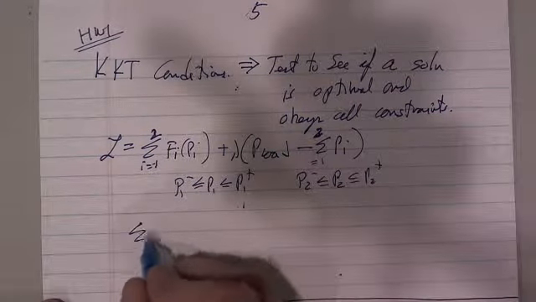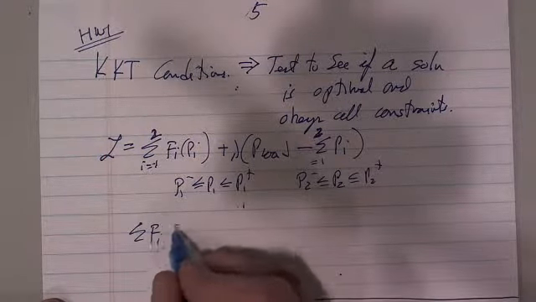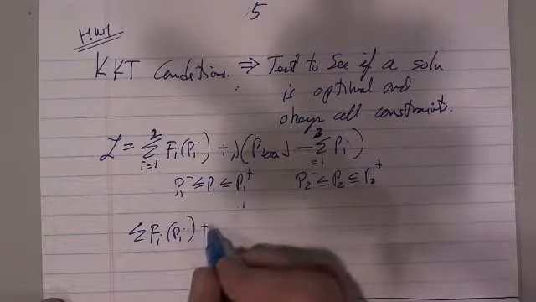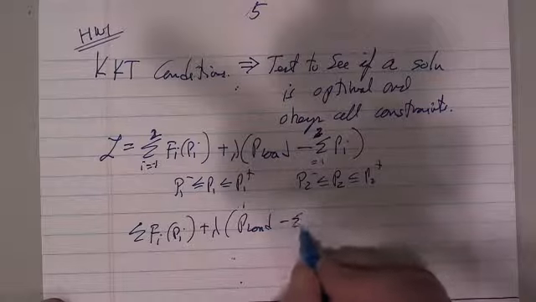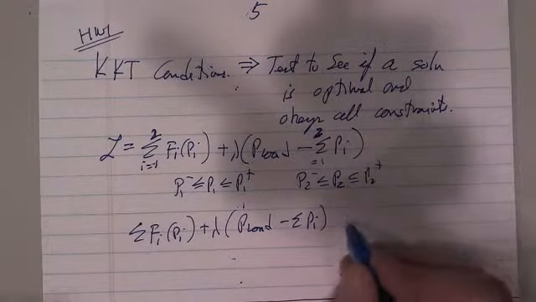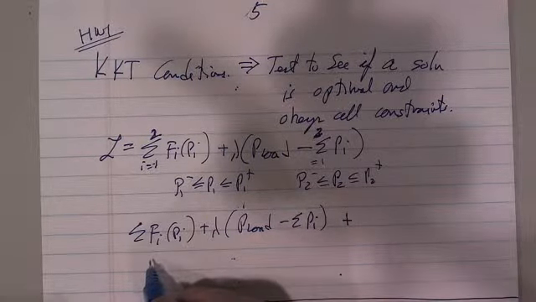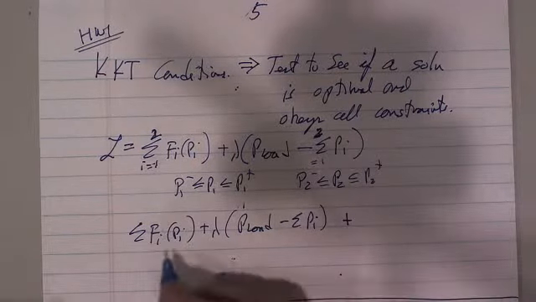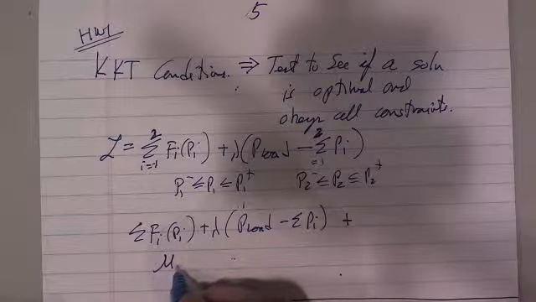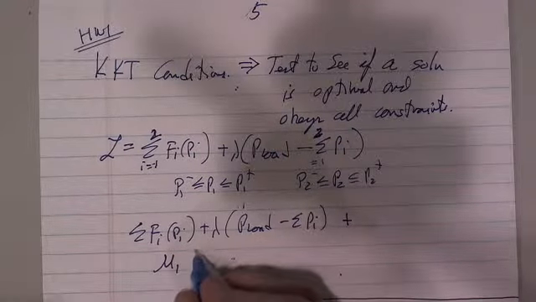You say the sum of Fi(Pi) plus lambda times (P load minus the sum of Pi), plus, and now I have to add 4 more constraints, each of which has its own Lagrange multiplier, which we use the variable mu.